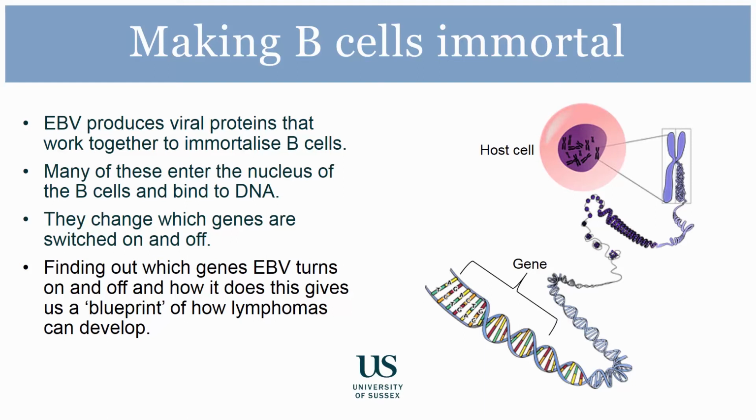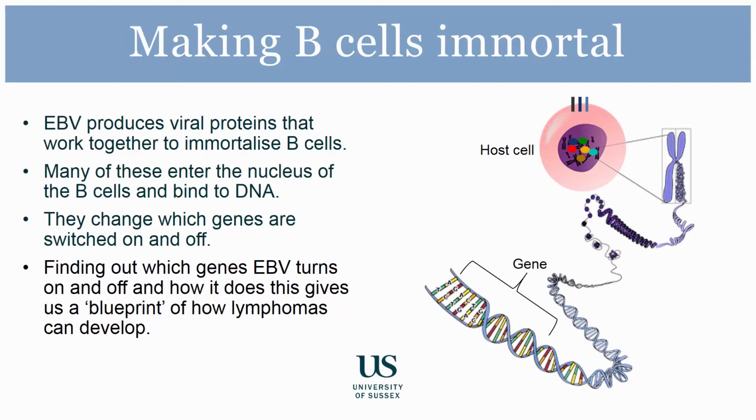So in this case, it's probably easy to think about proteins that drive growth or proteins that stop growth. So these genes contain all the information in order to produce those proteins. So what we know is that EBV produces proteins, some of which go to the outside of the cell. I'm not going to talk about those. But most of them go into the nucleus of the cell, and they bind to these chromosomes.